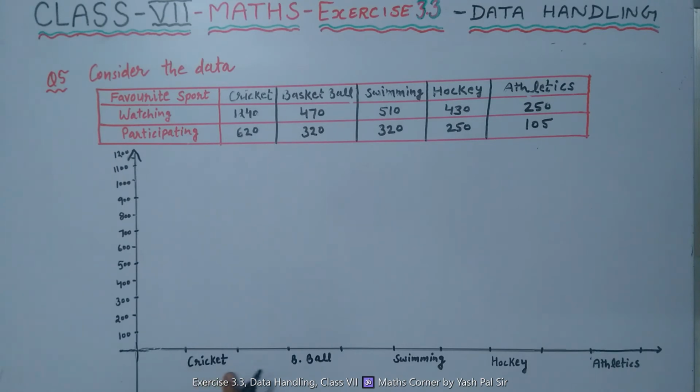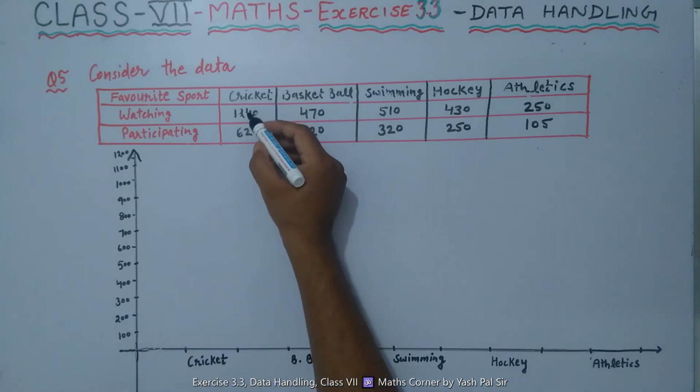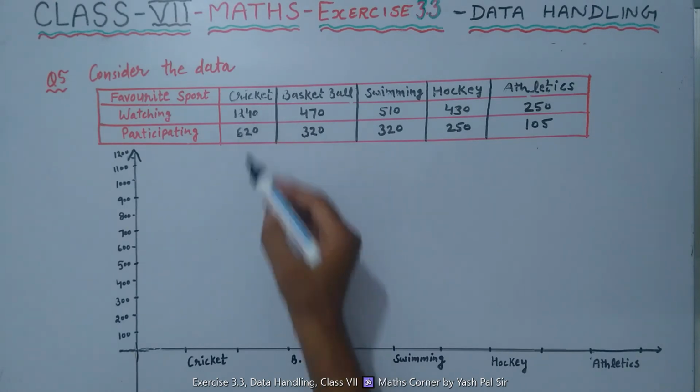So on the horizontal line we write cricket, basketball, swimming, hockey, athletics. So let us draw the bar graphs now.